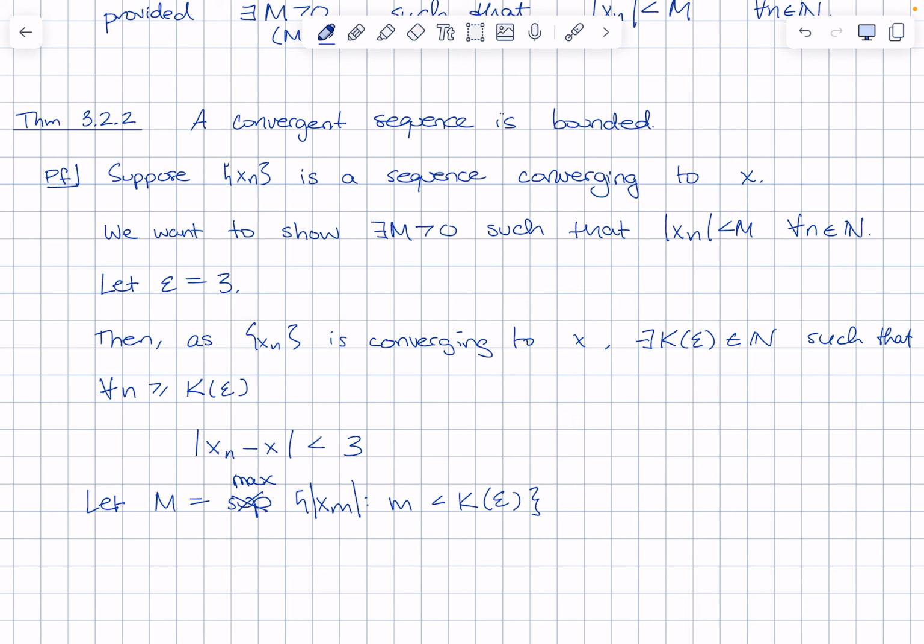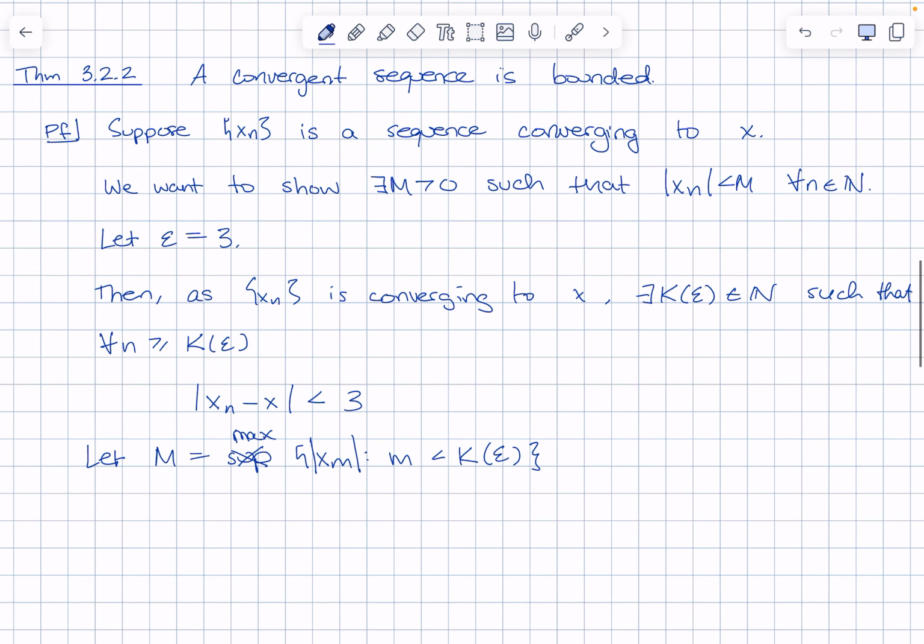For example, if we had 1 minus 1 over n, what is our sup? 1. What is the max though? Do we have a max? No. So that's where it differs, because it's infinite. So finite versus infinite allows us to make this a max here.